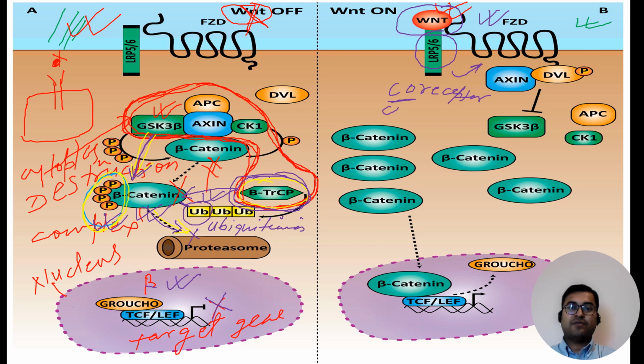Co is derived from the term con, and you might know that con means together. So since this LRP5/6 is associated with this Frizzled receptor on the plasma membrane, we also call it a co-receptor. So this Wnt ligand binds to the LRP5/6 co-receptor and Frizzled receptor, because of which this receptor gets activated.